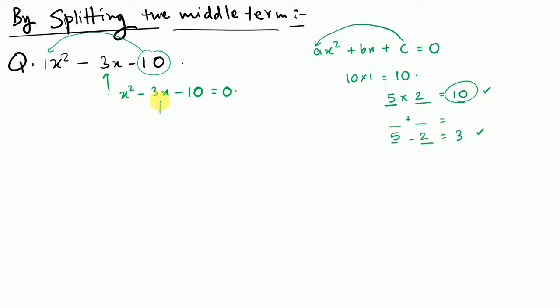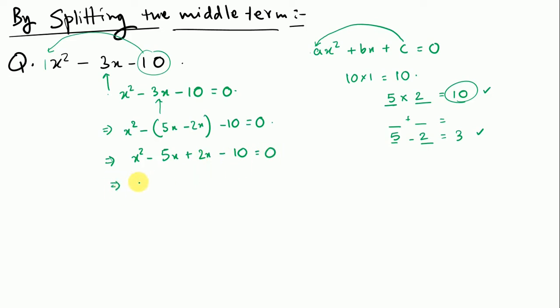So instead of 3x, we will write x square minus 5x plus 2x minus 10 equals 0. Now remove the brackets: x square minus 5x plus 2x minus 10 equals 0.